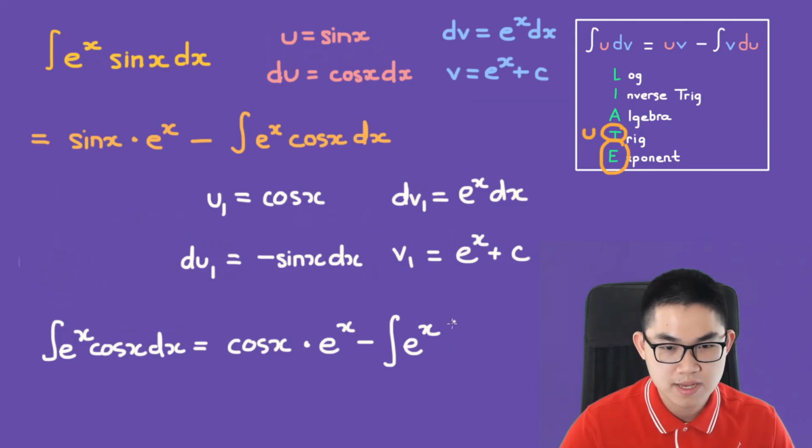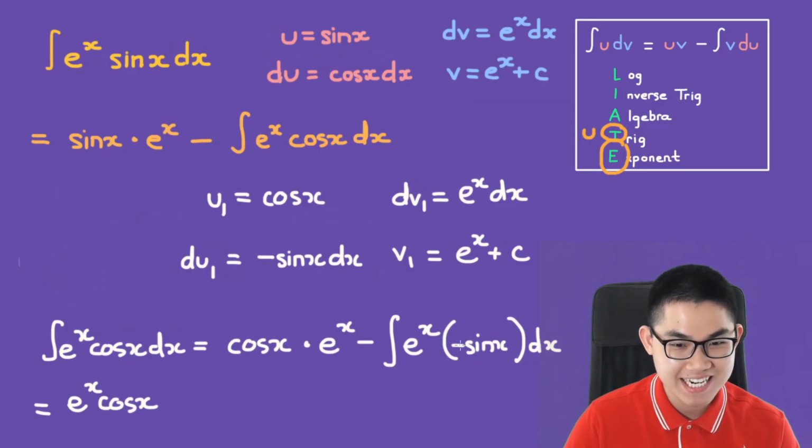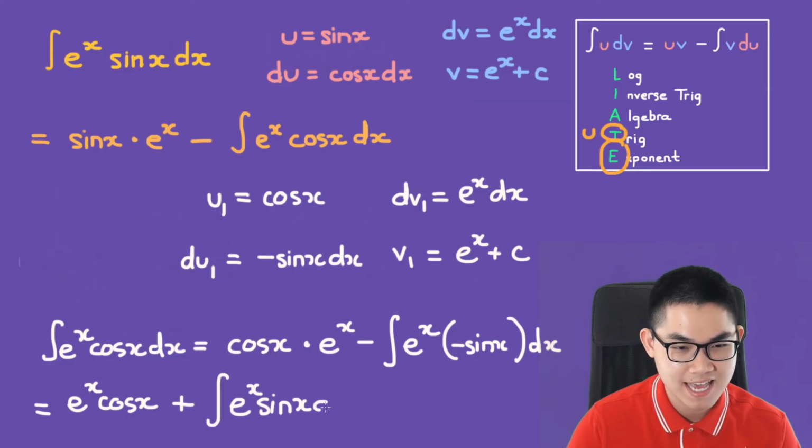And du is going to be negative sine of x times dx. So this is the same as e to the power of x cosine of x. And if you bring this negative sign outside of the integral, you will have a positive sign. So we plus the integral of e to the power of x sine of x dx.